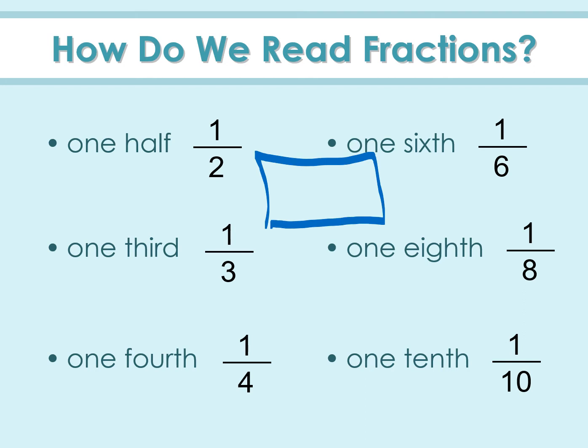So if we have 1/2, it would look like this, 2 pieces in that shape. And then how many would be shaded if we have 1/2 shaded? The answer would be 1 of the 2 pieces. That gives us 1/2. You can do that with each of these other fractions. You draw a shape, and the number on the bottom of your fraction is the number of total pieces. The number on the top is the number of pieces that you would color in for each shape.